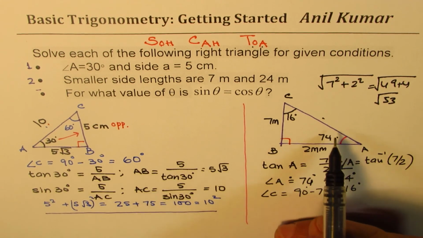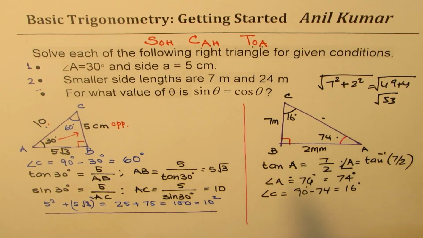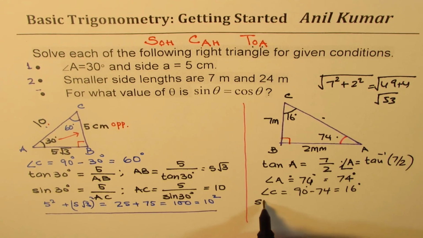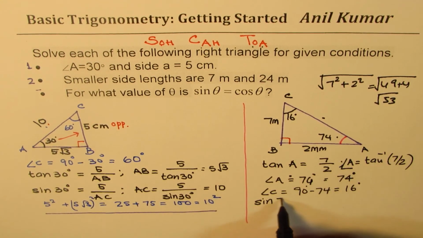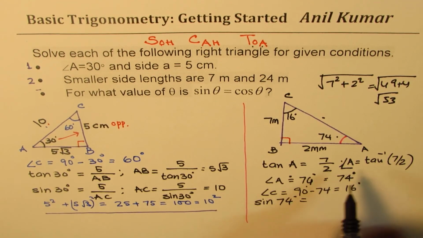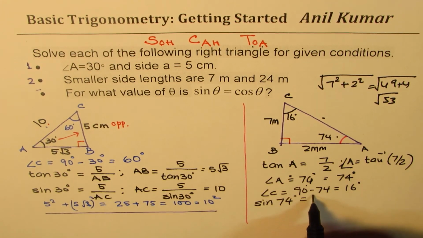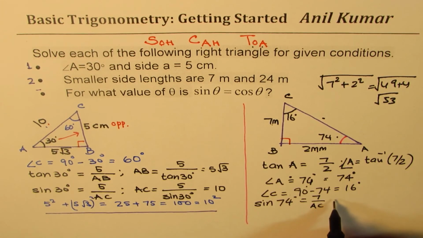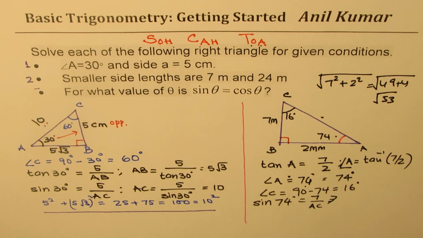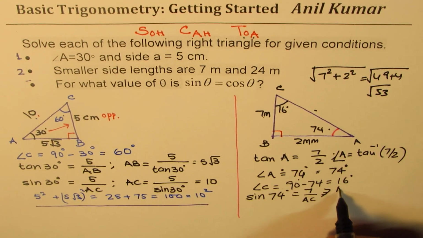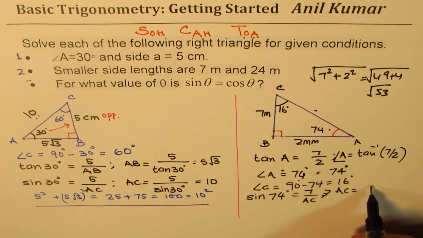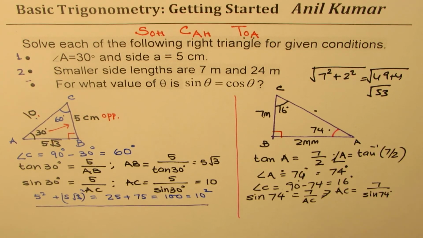Anyway, let's see. So that is the hypotenuse. So I could use sine of 74 degrees, which will be opposite side of 7 over AC. Now this means that side AC is equal to 7 over sine of 74 degrees, correct? So let's figure this out.